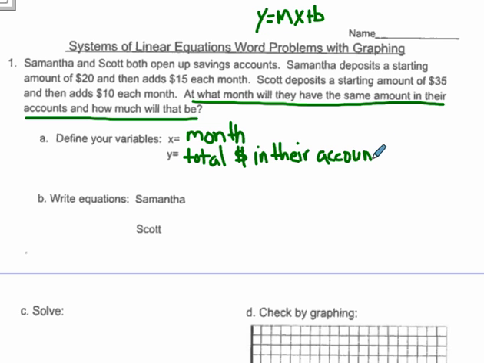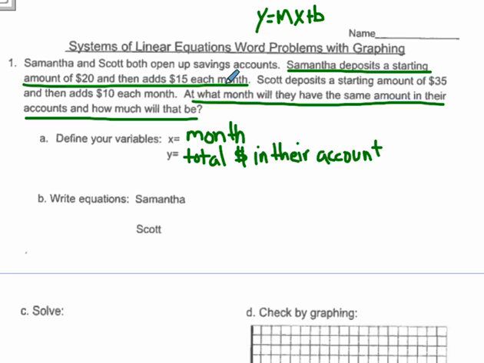Okay, now we have it writing our equations out, and I went ahead and put in the two different topics we're going to have. One is based on Samantha and one is based on Scott. So here's the information about Samantha. It says that she deposits a starting amount of $20 and then adds $15 each month.